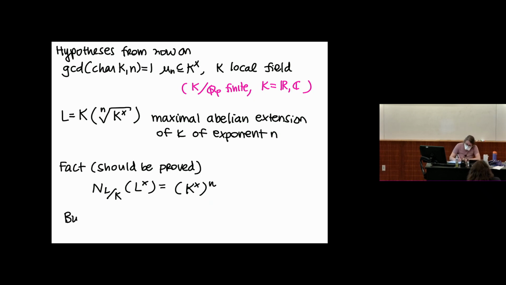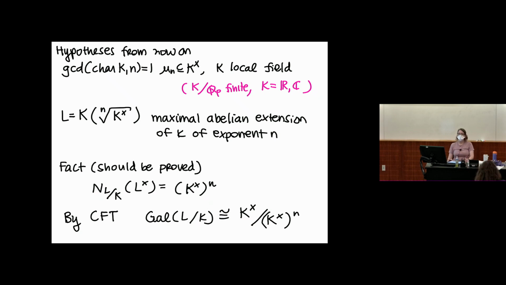So by class field theory, because now we're in the local case, we have that the Galois group of L over K is isomorphic to K cross mod K cross to the n. So that was the reciprocity law.